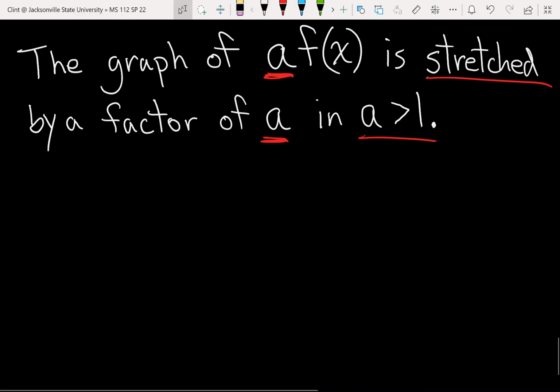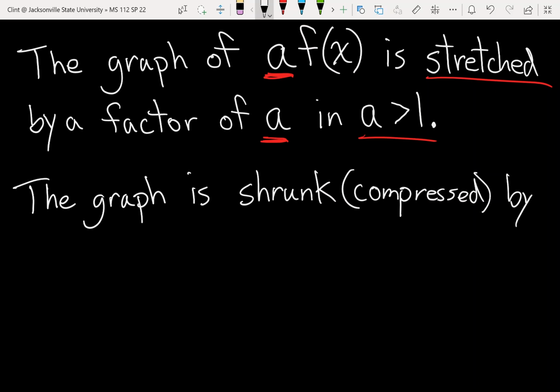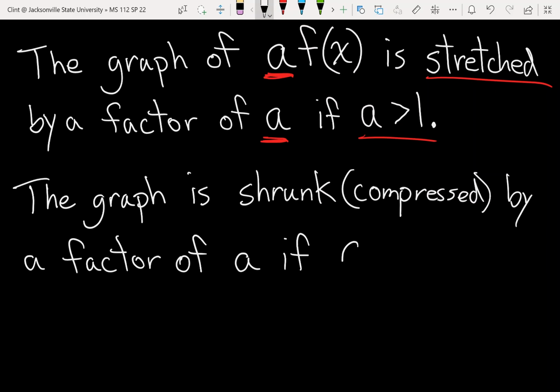The way we get shrinking or compressing is if the number we multiply by is somewhere between 0 and 1.